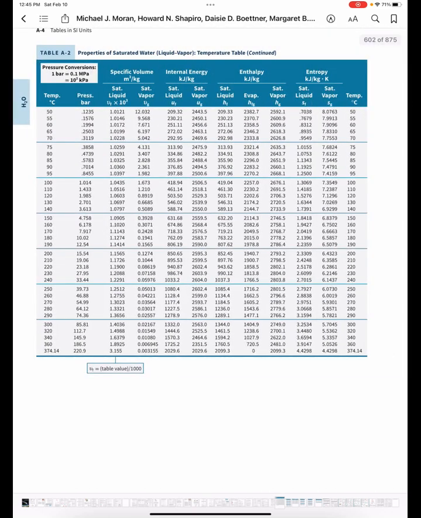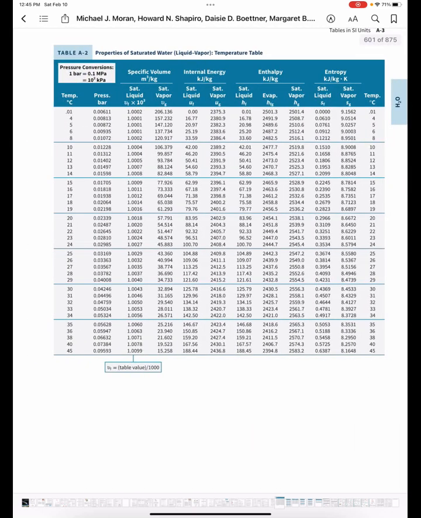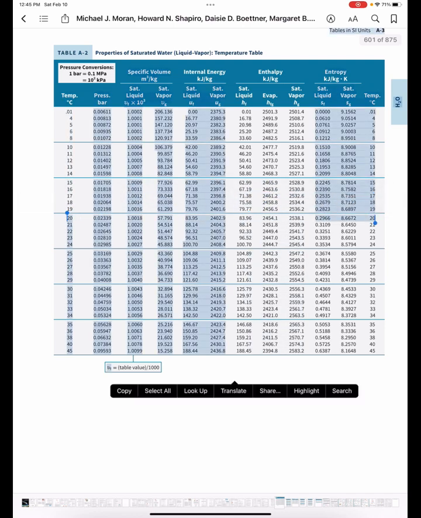Okay, well, what was it? It's 20 degrees Celsius. How did I highlight earlier? Anyways, it's between these two values. I'll be taking saturated liquid, because that's my assumption. So I'm taking the saturated liquid specific volume and saturated liquid internal energy. Those are the two values I want.